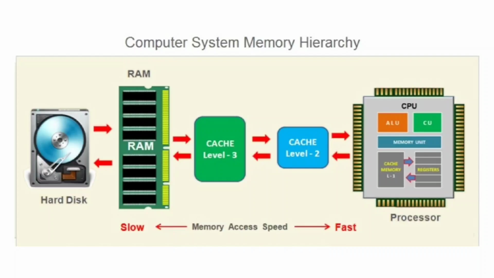RAM memory is the short term memory. Short term memory means if you are working on the system and suddenly your system powers off due to a power cut, what will you do? You were typing some information or documents in your system, and suddenly the power goes off. Nothing.